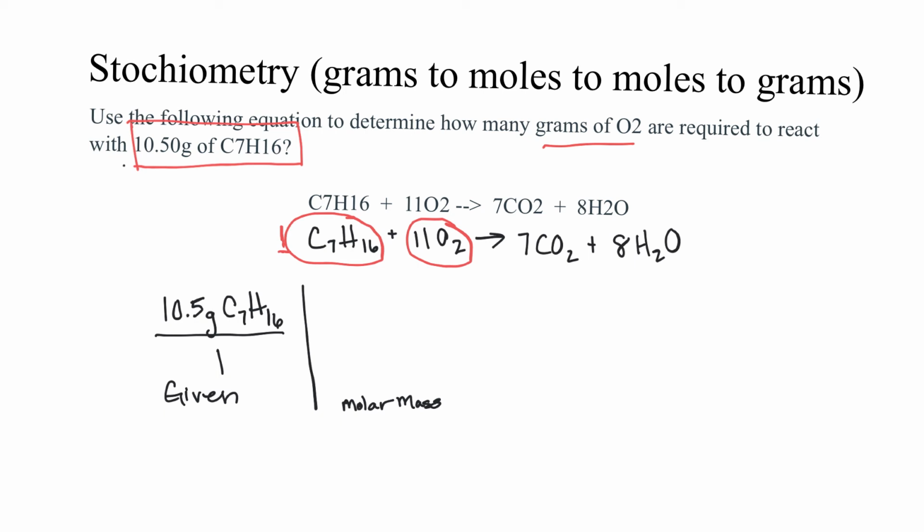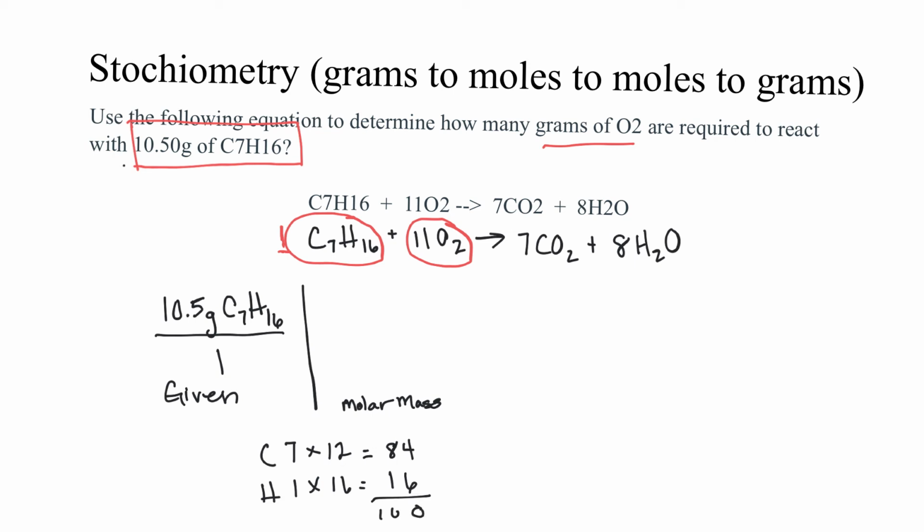So 12 times 7 is 84. So for C7H16, we have 7 times 12 for carbon, because carbon is 12, and that's 84. And you're going to add that to 16 hydrogen, and hydrogen is just 1 times 16.